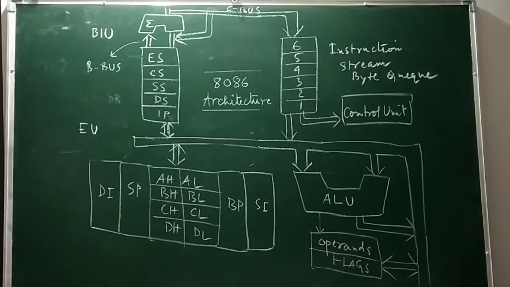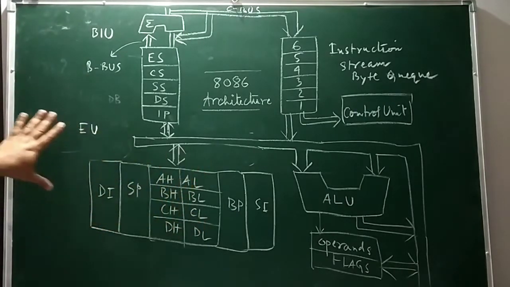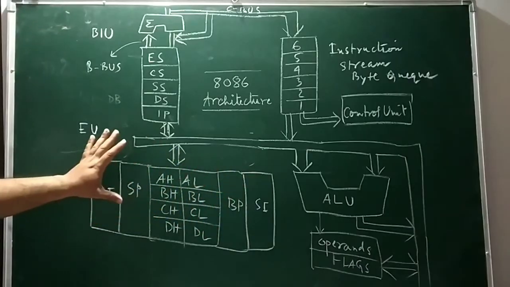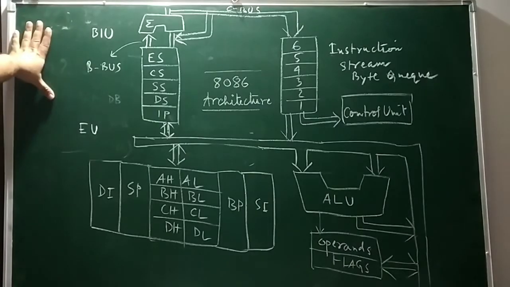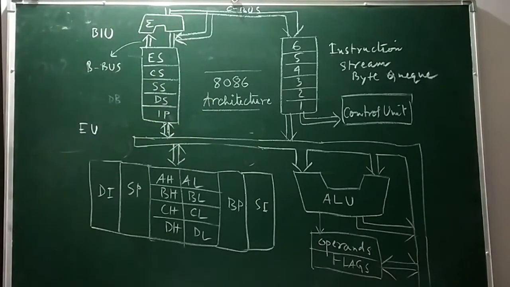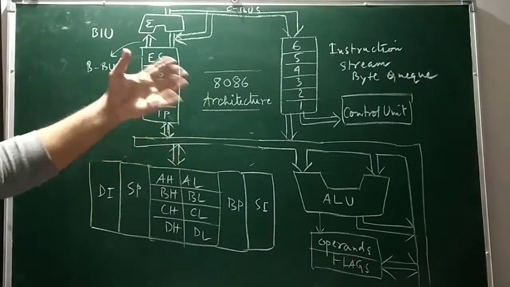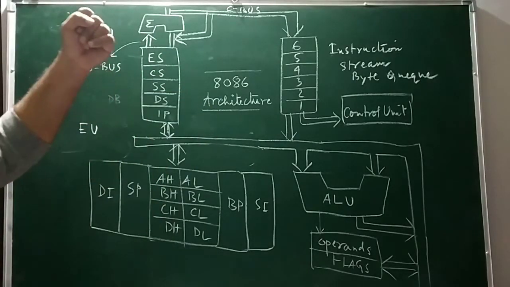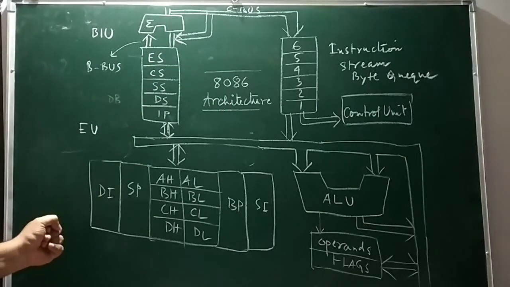In the 8086 architecture, the execution unit tells the bus interface unit where to fetch instructions or data from memory, or decode instructions and execute instructions.